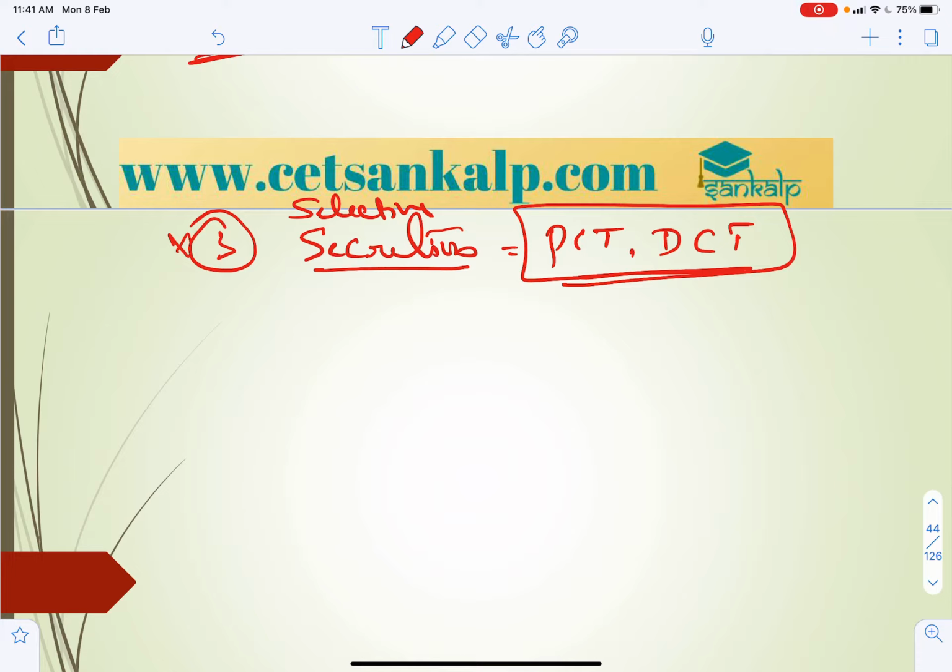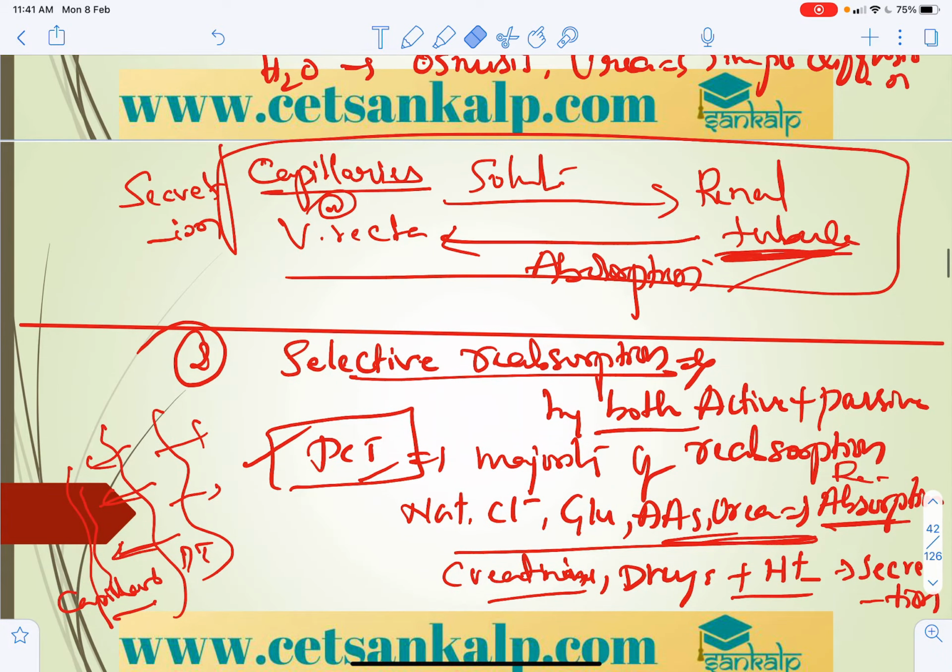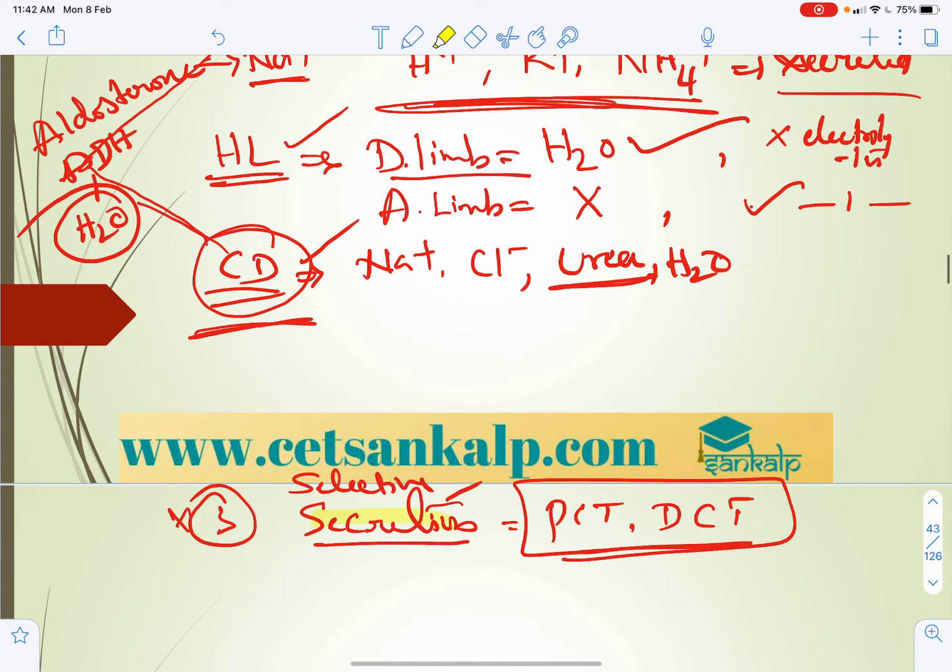Secretion means, as we already know, the tubular secretion, which is also selective. Only ultrafiltration is non-selective, keep it in mind. Tubular reabsorption is also selective, and tubular secretion is also selective.